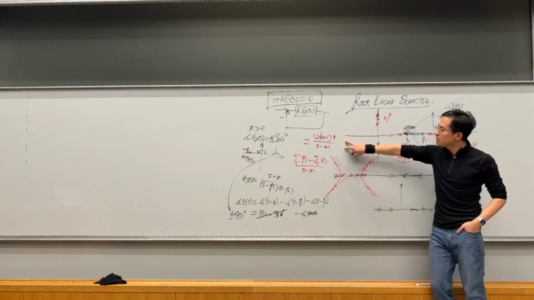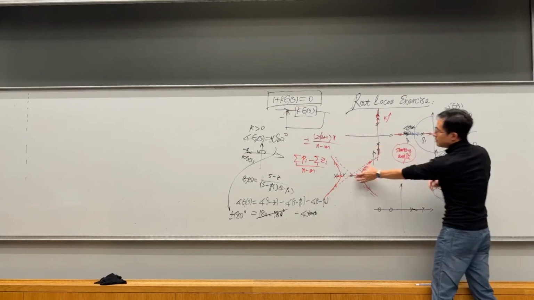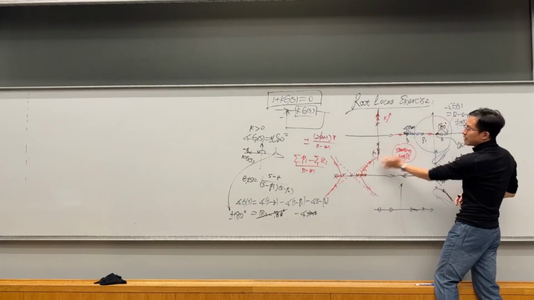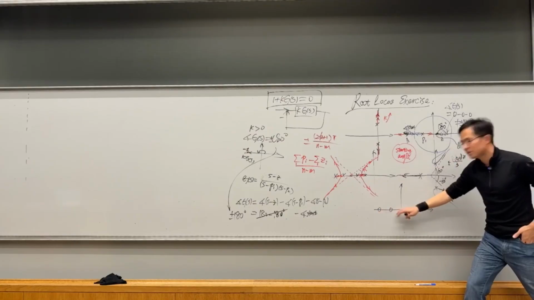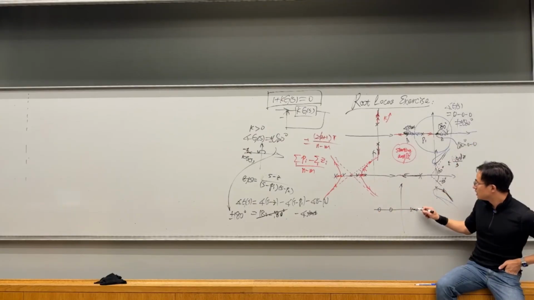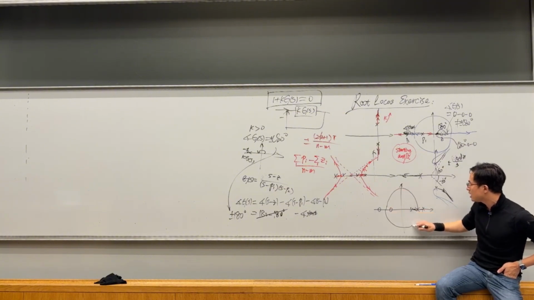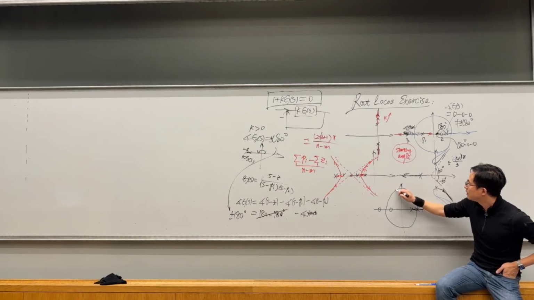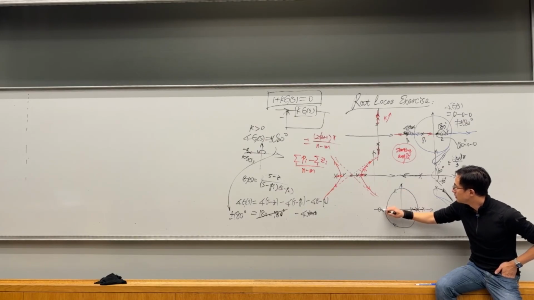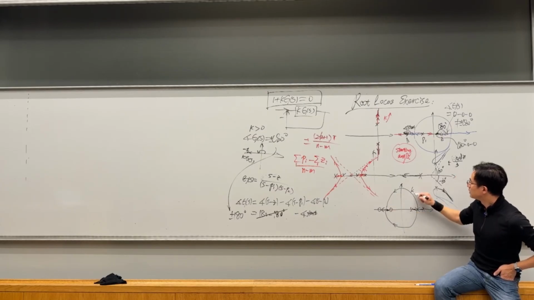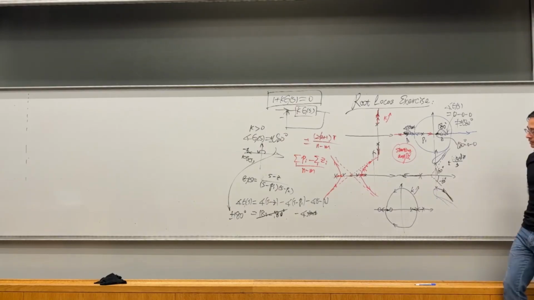The asymptote equations only make sense if you have branches that go to infinity. For this one, you already have these two zeros over here that you need to go to. So you can't use the asymptote condition. You just have to do it directly. You can do start angle and arrival angle. So that's the root locus for this one.